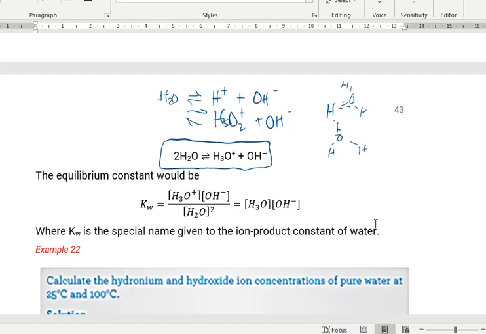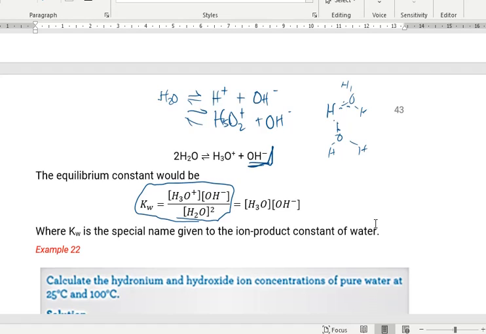So that means let's just take a look at this equation, kini nga equation. That means nga ang equilibrium constant ana is this. Kw is equal to H3O plus times OH over H2O squared.